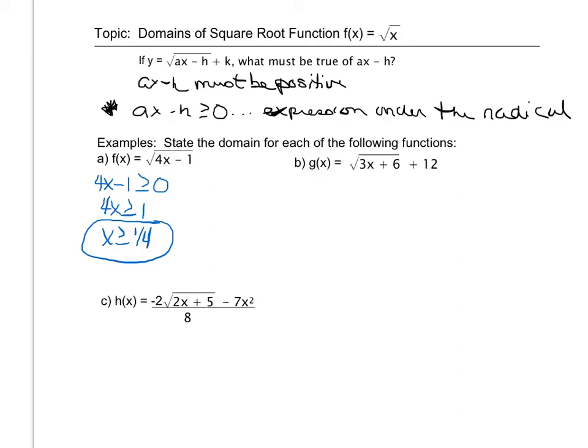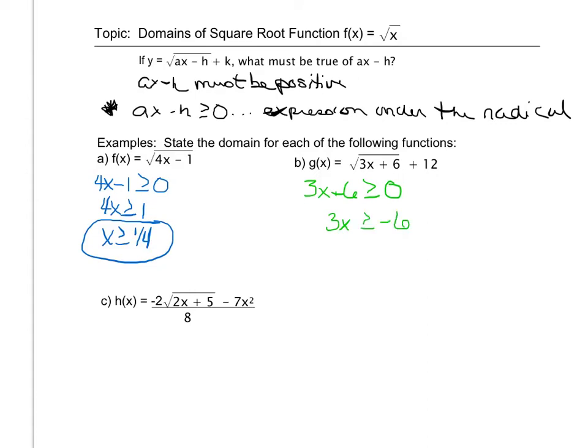Let's look also at example B. I'm going to do the same thing. I'm going to acknowledge the fact that the 12 is fine. The 12 can be disregarded when talking about the domain, but the 3x plus 6 has to be greater than or equal to 0, because if it's not, I will get a negative under a radical, which will give me imaginary numbers. So I'll start by subtracting the 6 and get 3x is greater than or equal to negative 6.